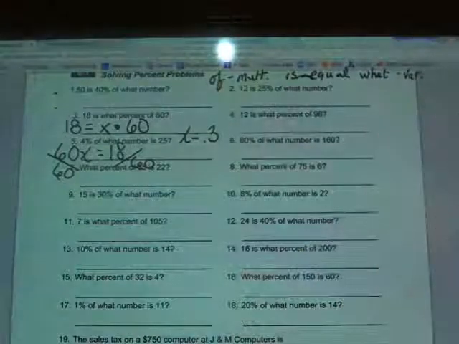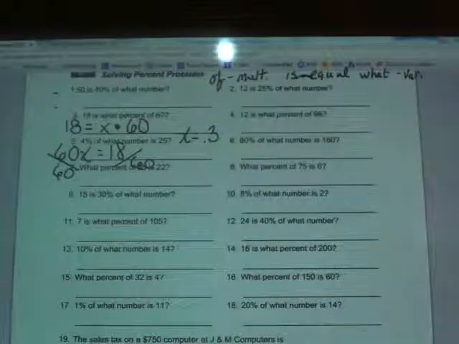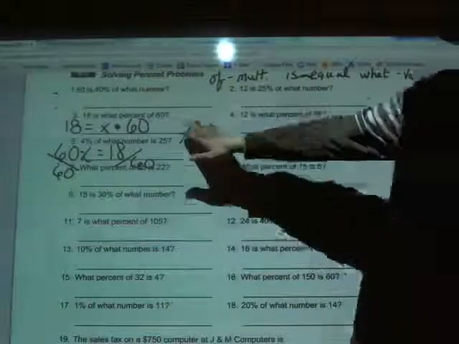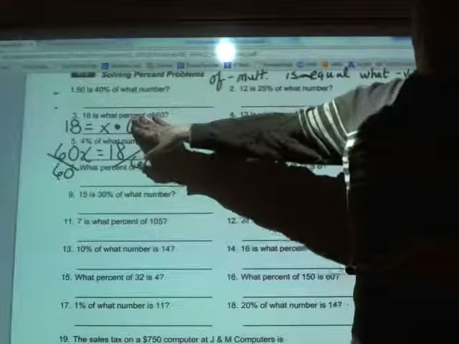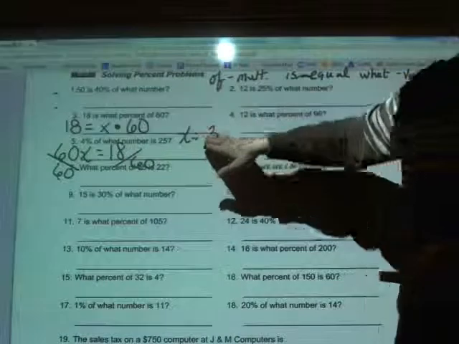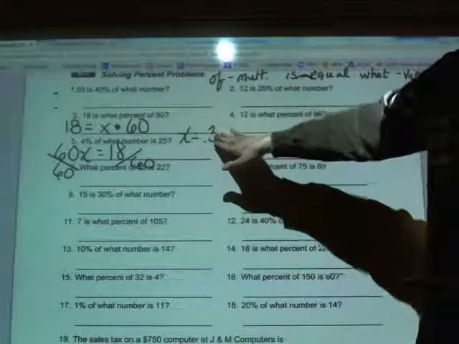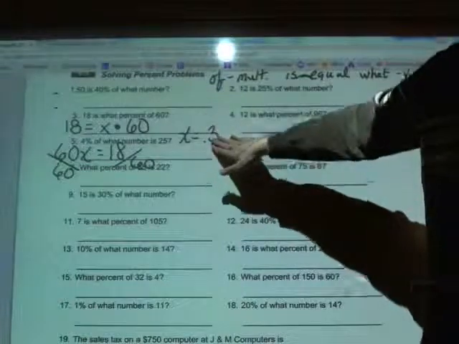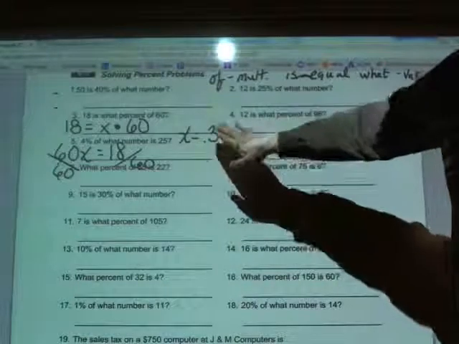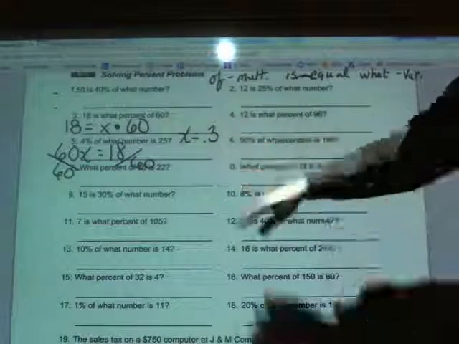Now, in the last two questions, we were done at that point, because once we found our solution, it was the answer. But what's different about this question is it says what percent. They want this answer to be a percentage. You have the answer, but you have the answer represented as a decimal. You've got to change the decimal to a percent to say where you're supposed to be.